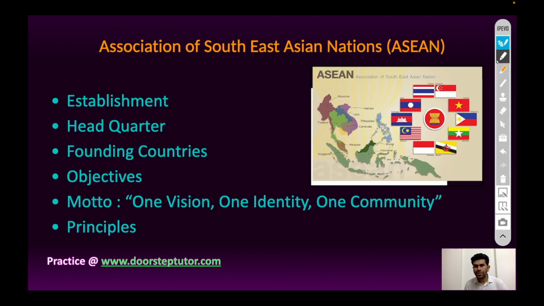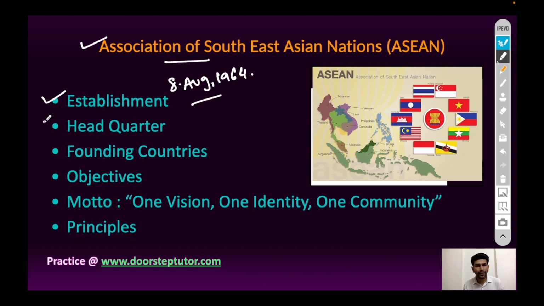Let's discuss each regional economic agreement in detail. ASEAN, Association of Southeast Asian Nations. It is an example of political and economic union. It was established on 8th August 1964 at Bangkok, Thailand.